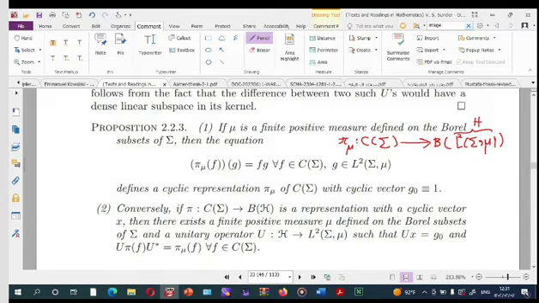And we know that this fg is an element of L2 again.